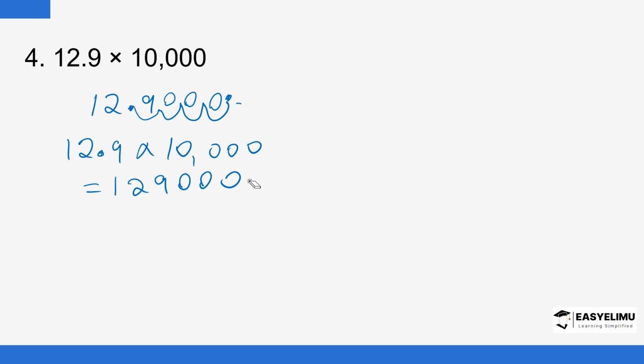The decimal point is here, but since it is after the last digit, we will just ignore it. That is how we apply the rule used in multiplication of decimals by powers of 10. Powers of 10 simply means numbers that have 1 and zeros, like 10, 100, 1,000, 10,000, 100,000, and so on.